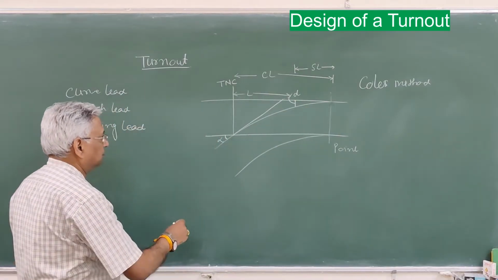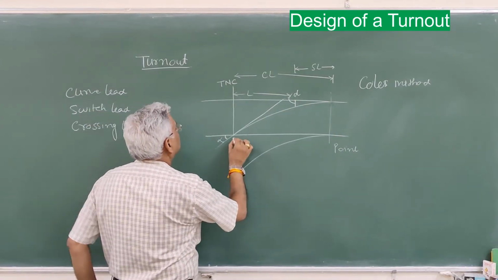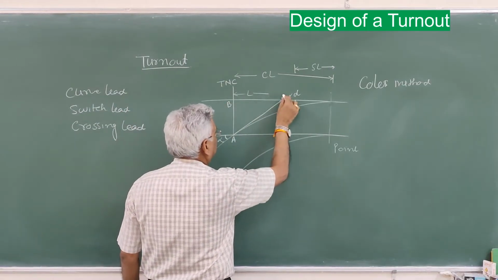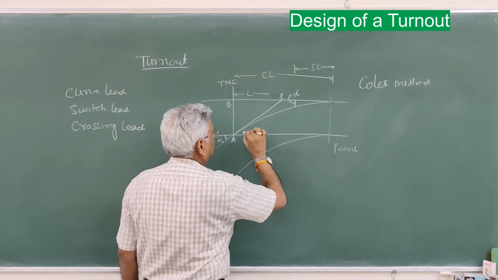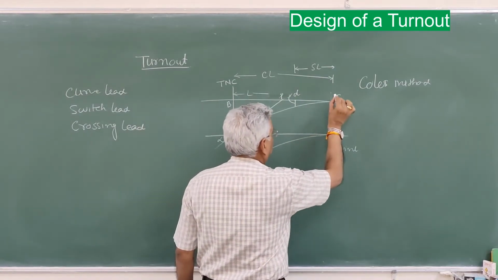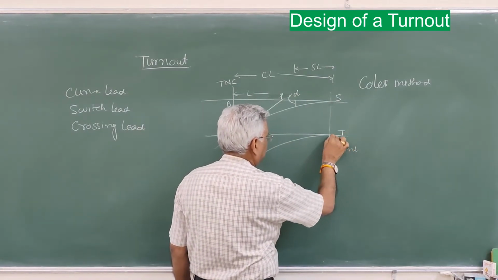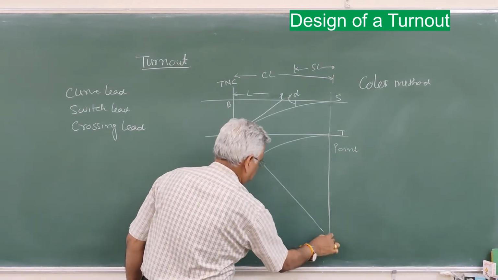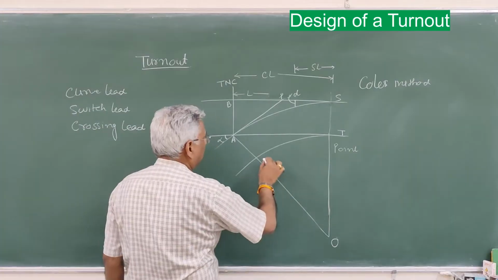Let's put some names here. Let us say A, B, this point is, let us say, P, and here you can write S, T, and this is, let us say, the radius of the curve, a point O here.